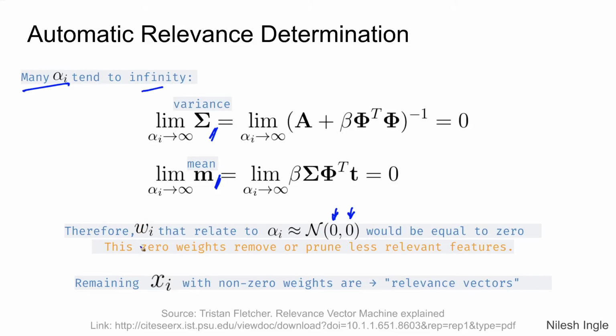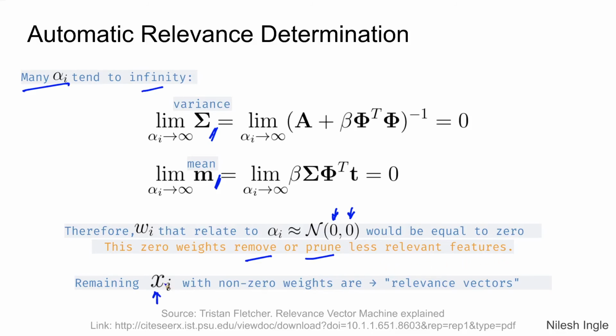And because the weights are zero, their corresponding input values xi would also be zero, and therefore those features or x values that have weights of zero would be removed or pruned, and those could be the less relevant features.